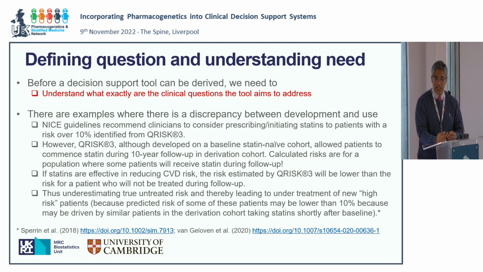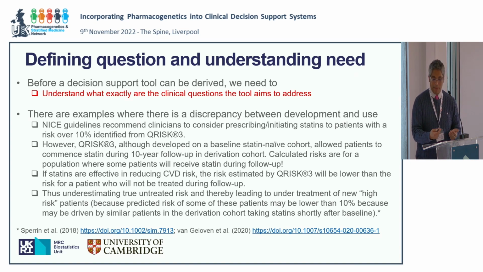So let's just say statins are effective in reducing CVD risk and CVD events. The risk estimated by QRISK3 will actually be lower than the risk for a patient who will not be treated during follow-up. So the risk estimated will be lower, thus underestimating the true untreated risk and thereby leading to undertreatment of new high-risk patients.